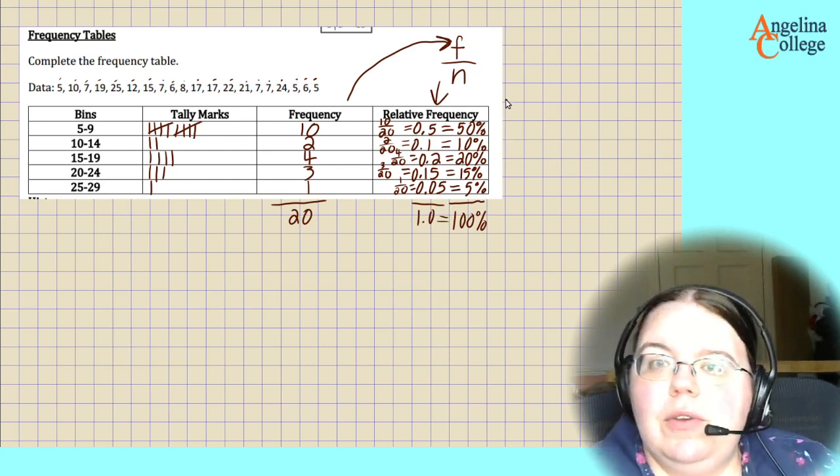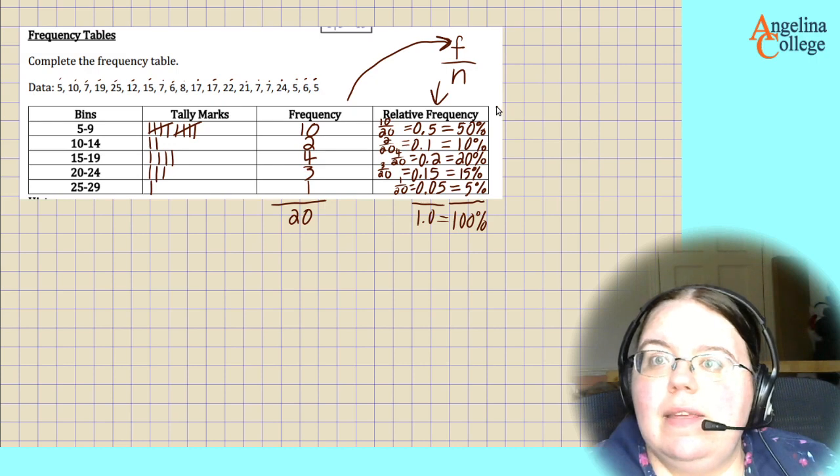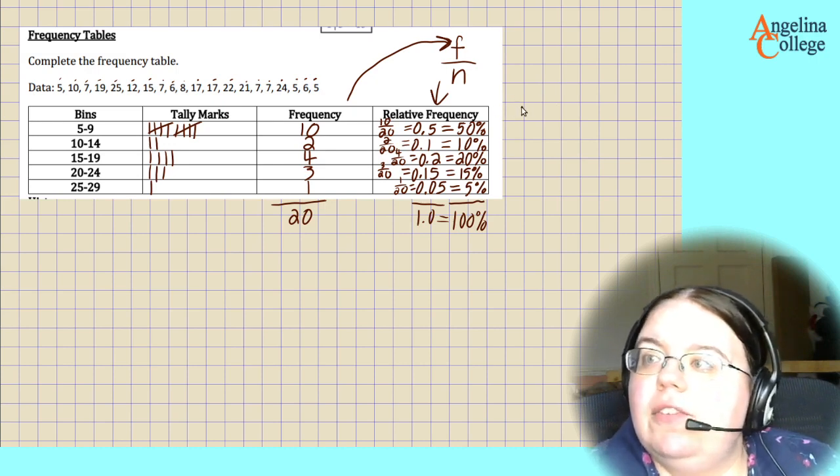Now, as a bonus, I want to show you how we could expand this frequency table to include 2 more columns: cumulative frequency and relative cumulative frequency.